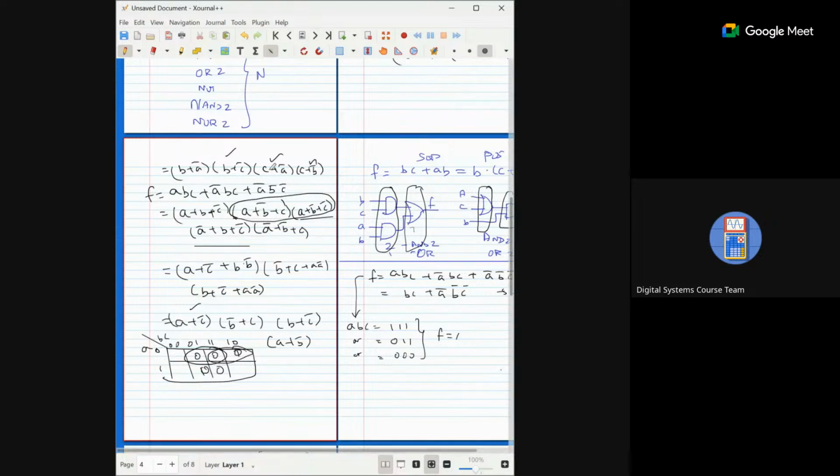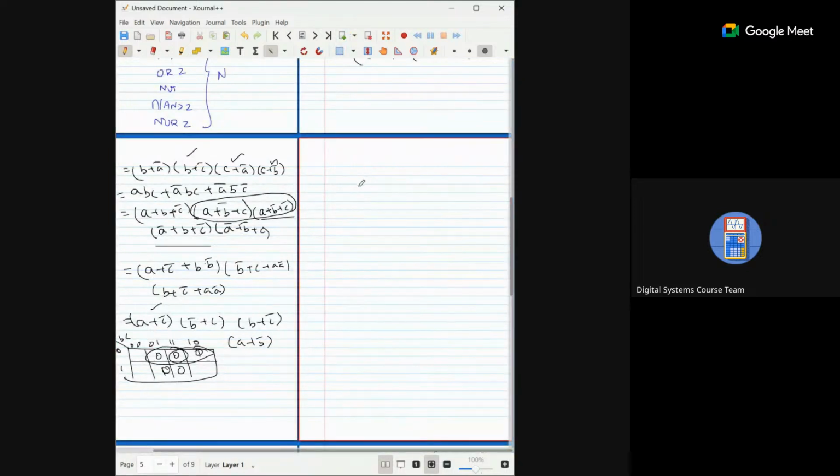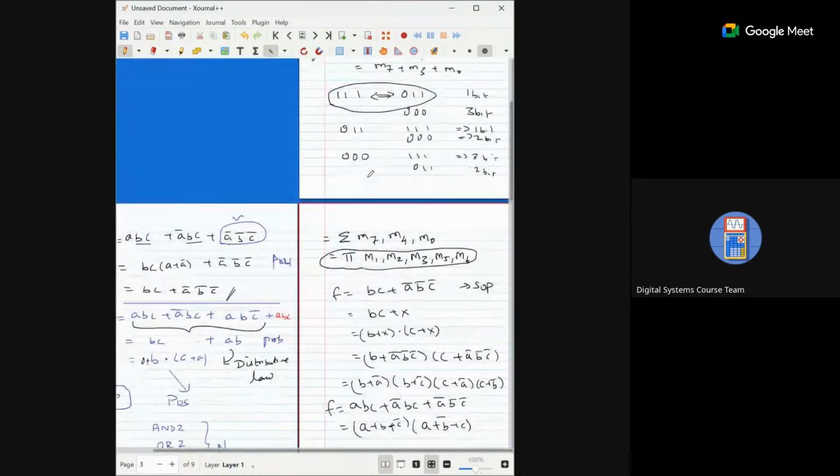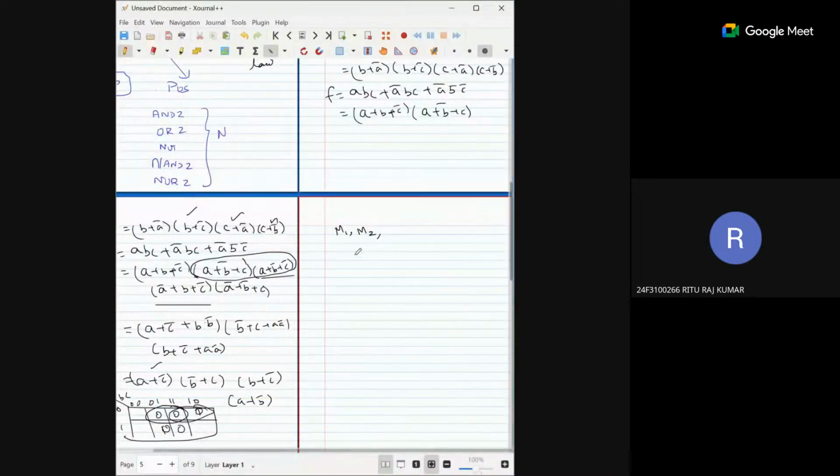I was a little confused. Maybe I can write it down clearly. So what are the max terms? M1, M2, M3, M5, M6. So M0 is 0, 0, 1... M2 is 0, 1, 0.